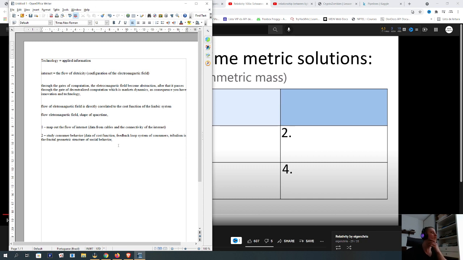Geometric structure of social. Yeah. I'm trying to think about how I can translate this into a system to make measurements and try to figure it out. So the biggest issue here, I think, is that you can't map out the abstraction because it's unpredictable.